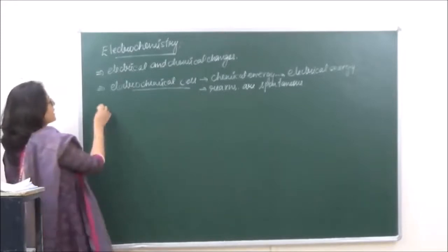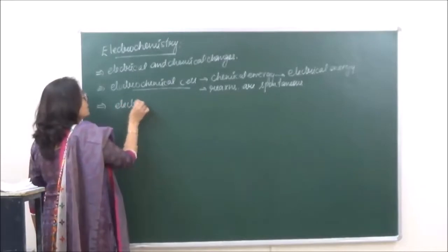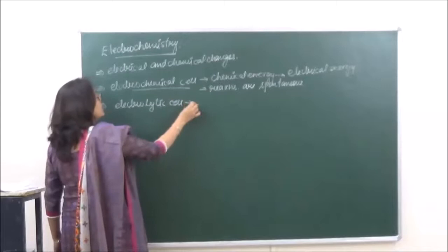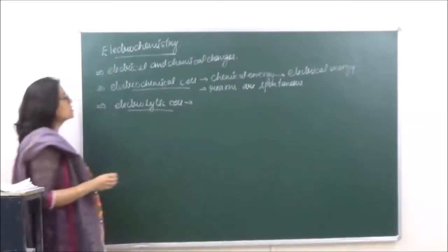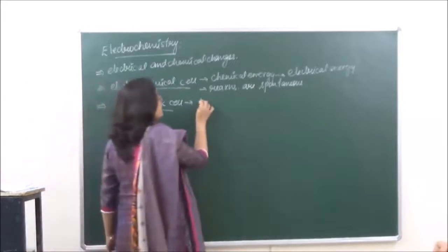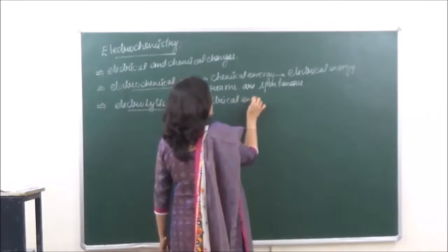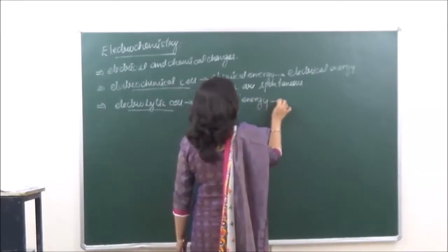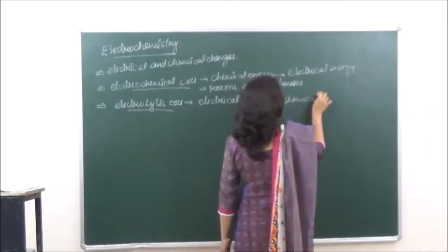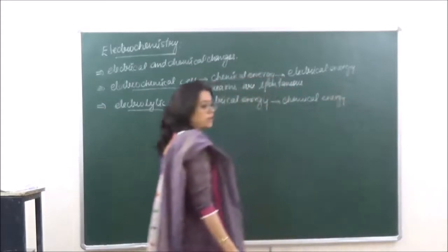The second type of cell which we are going to discuss in this chapter is the electrolytic cell. In an electrolytic cell, an opposite process takes place than in an electrochemical cell. That is, over here, electrical energy is converted to chemical energy, right?